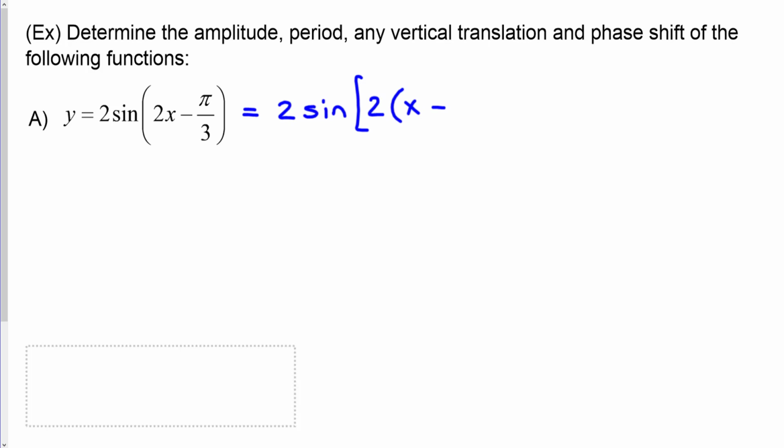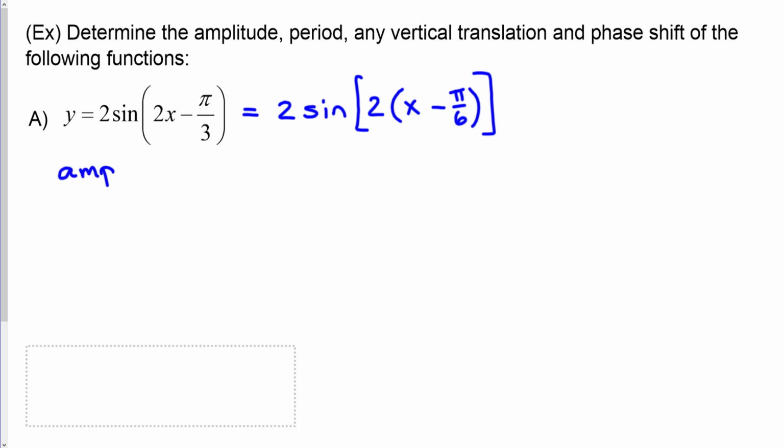And you might have to come off to the side and work with some fractions, but you're going to get pi over 6. And now you're done. You don't have to do anything further. Now the period change and the phase shift are independent of one another. And you can check to make sure you have the right one by distributing the 2 back in, which of course will give you 2x minus pi over 3.